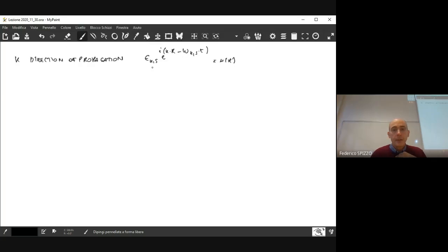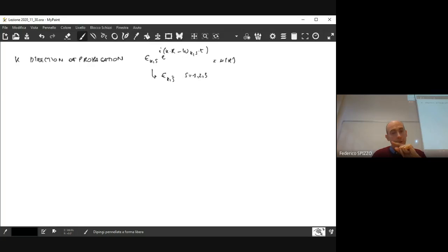And for K and S, we have the eigenvectors e(K,S), where S is 1, 2, and 3. So we have 3 possible eigenvectors corresponding to the eigenvalue problem that was connected to the dynamical matrix.